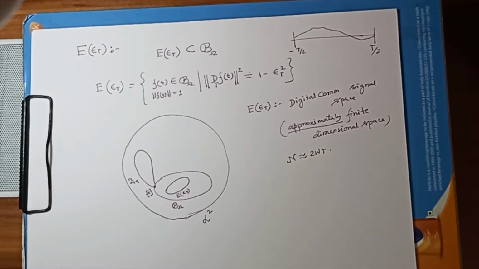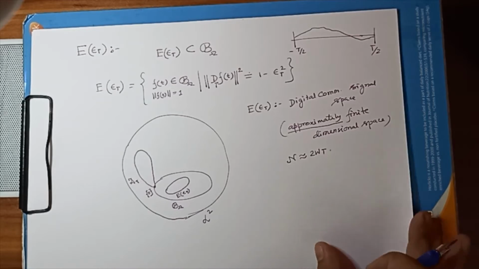So how do you find out the dimension of a particular signal? Let us start with any particular signal.